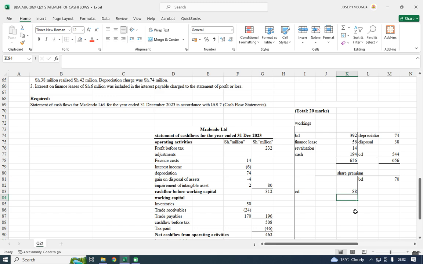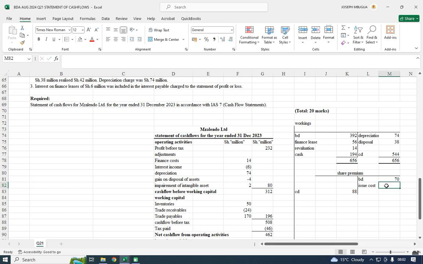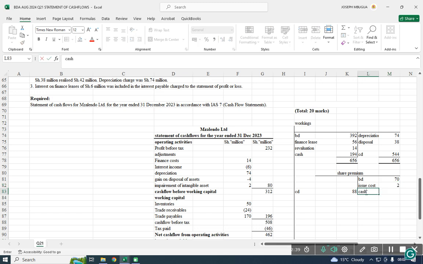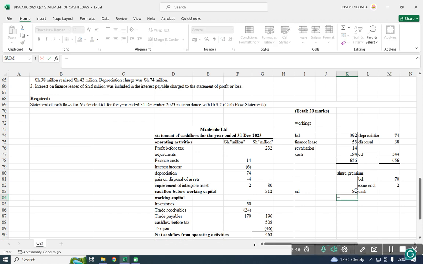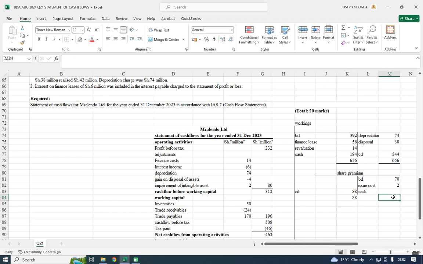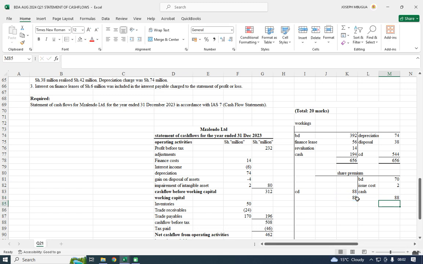And the other thing that we had here, we had issue cost. Issue cost now will be credited here. We had issue cost of 2, and the cash, the difference that we received. Remember, we are supposed to receive another 20. That is what we are supposed to receive. But in this case, we did not receive 20.